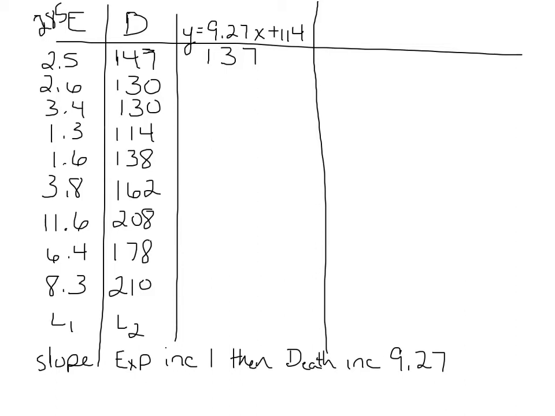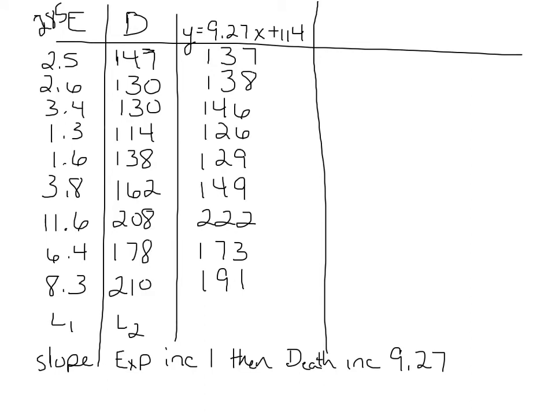So to continue on with the table, you would do 9.27 times 2.6 plus 114 and get 138. Continue that procedure down, putting in the different x's, the different index of exposures, to get your predicted amounts of deaths.